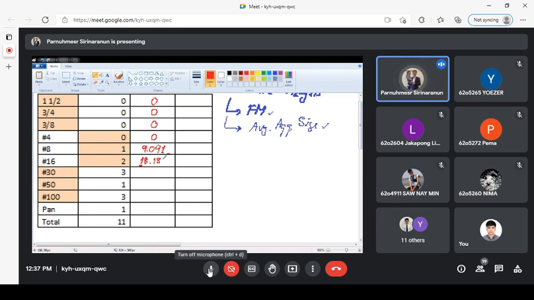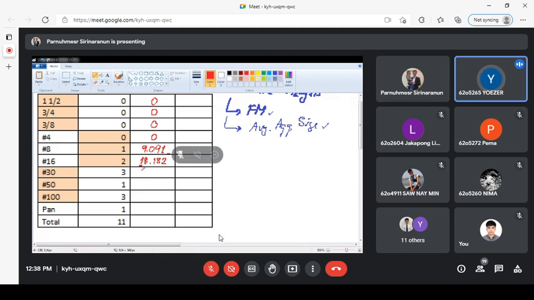Then what should it be? 2. How about next? It is 27.273. 27. Does it need a 3 or not?